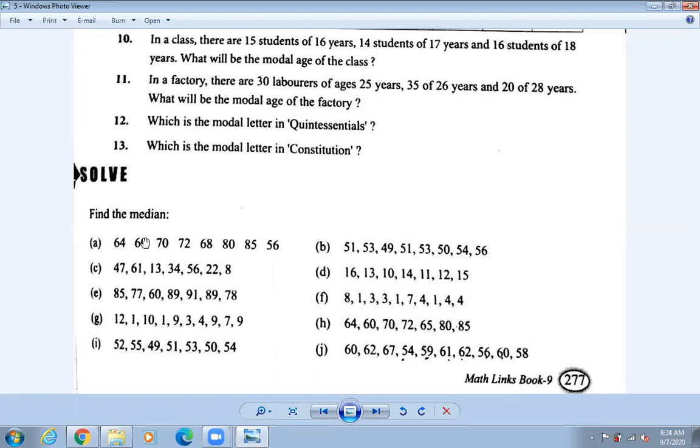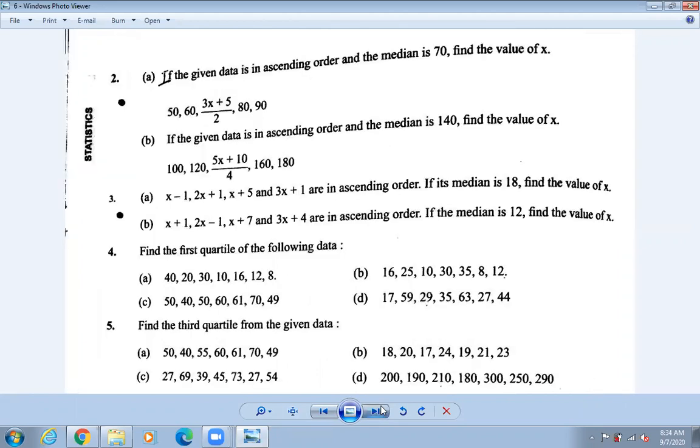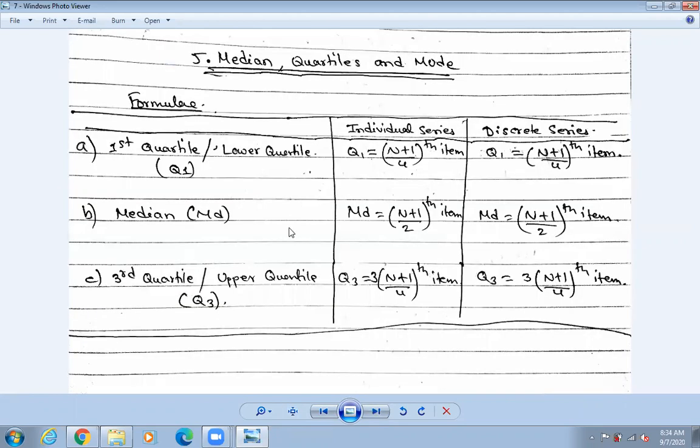So for the median, n plus 1 by 2. Write that formula first, then only start the number. Pause the video, write the formula, then only start the number.